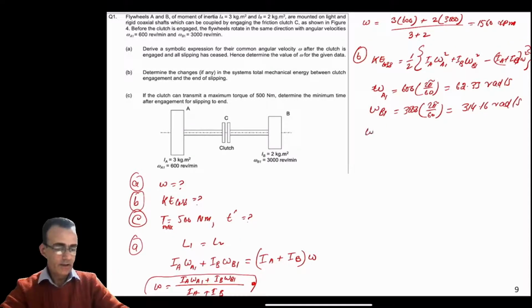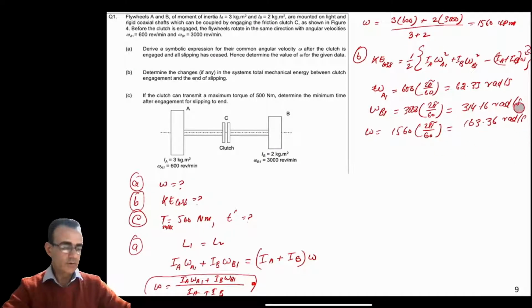And omega will become 1560, and again you multiply with 2 pi by 60 to change this to radian per second, which will become 163.36 radian per second. So we have these values here, so you just need to put the values.